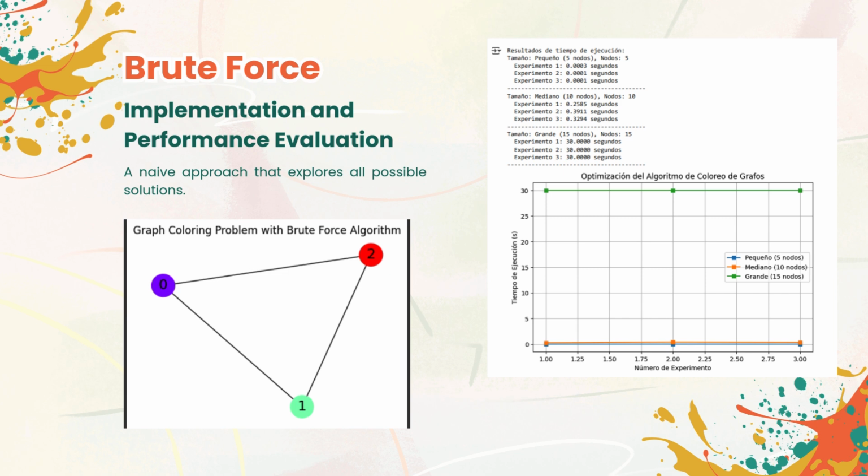However, the execution time results on the right clearly show that as the number of nodes increases, the time skyrockets exponentially. Although this method guarantees the optimal solution, it becomes impractical for large problems due to its high computational cost. This is why in practice heuristic algorithms are preferred for large-scale applications.